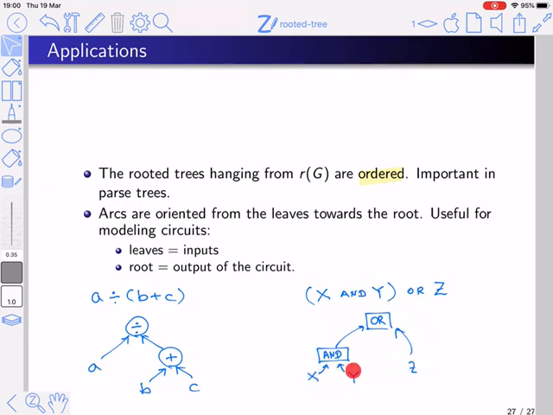The leaves are x, y, and z. We connect x and y to a node labeled and, and we connect and to the node labeled or, and the z as well to the same node labeled or. And this would be the parse tree of the Boolean formula x and y or z.